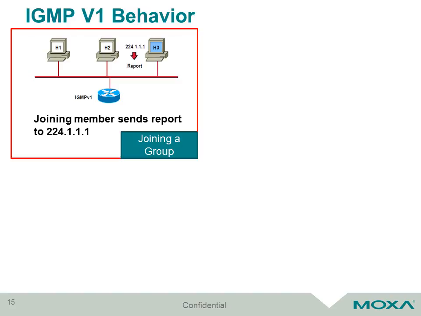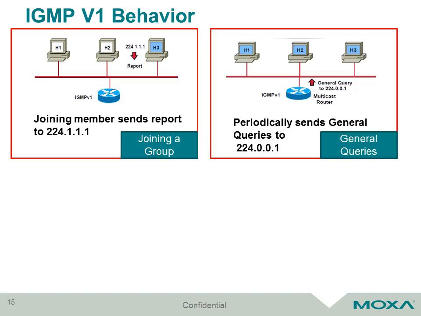Here are 4 diagrams to show you the behavior in IGMP V1. First diagram, if a host wants to join an IGMP group, it will send a join report to 224.1.1.1 in order to join that group. Next diagram, the general queries.